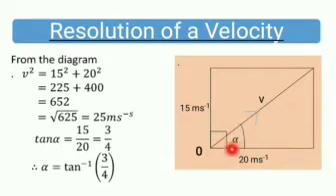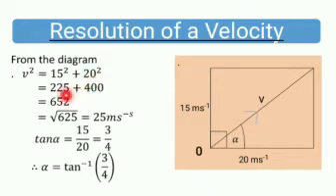So if this side is 20 meters per second, the opposite side will also be 20 meters per second. Now to find v, using Pythagoras theorem, v squared is equal to 15 squared plus 20 squared, because if here is 20, here also will be 20.